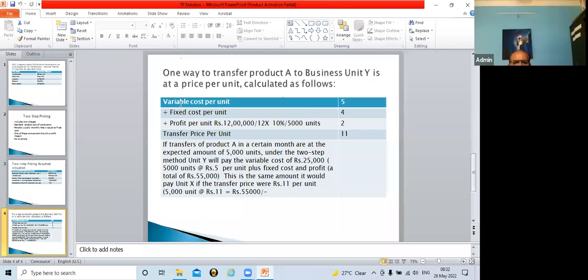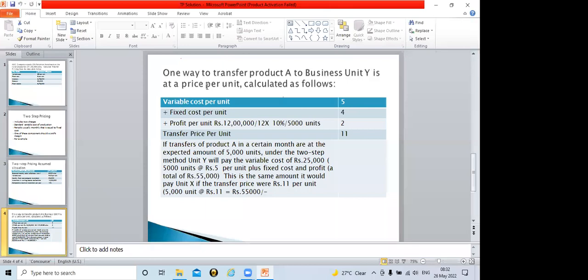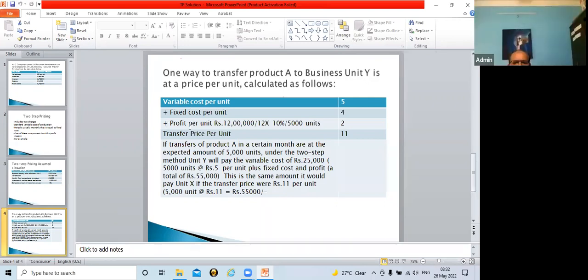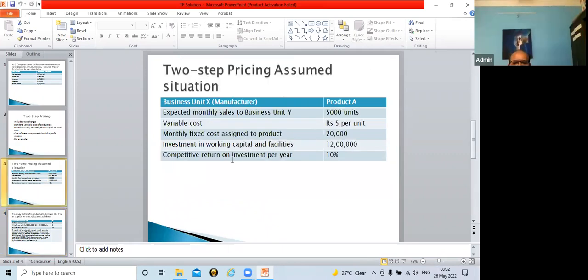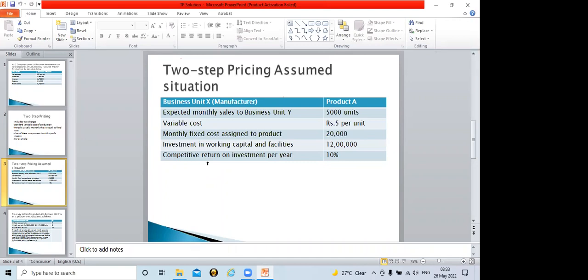Now, in this two-step pricing, after identifying variable cost and fixed cost, now add profit per unit. In the numerical, what does return mean?